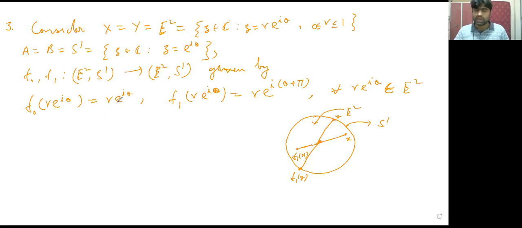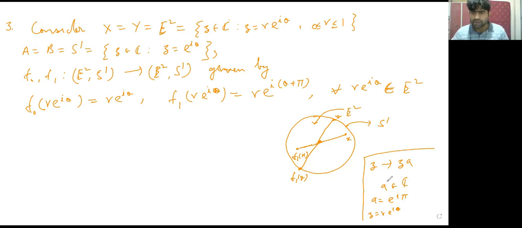So you know that they are maps. This F0 is identity, so of course it is a map, and this is a map. Why? This is of the form Z goes to ZA for some A in C. So in our case, A we can consider exponential I pi, it's just a multiplication. If you write Z equal to R exponential I theta, then ZA is nothing but R exponential I theta plus pi.